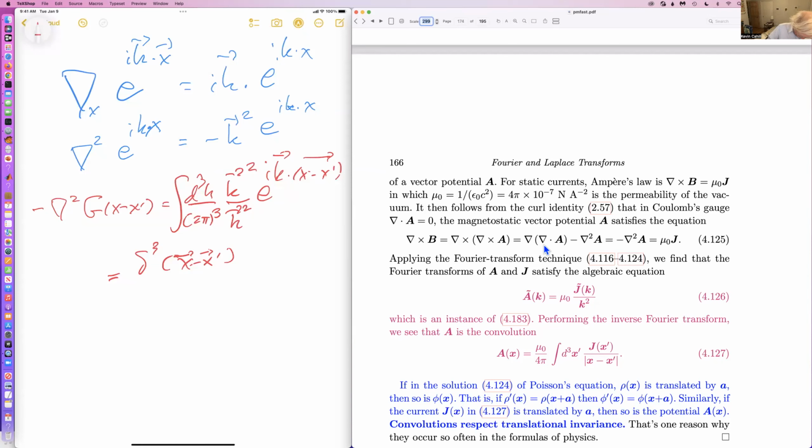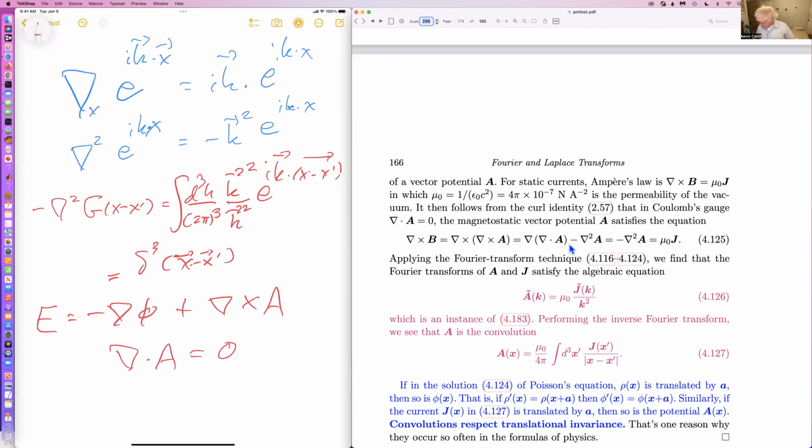Now, in the Helmholtz decomposition, we can always write the electric field as minus the gradient of something plus the curl of something, and we can choose A to have 0 divergence.